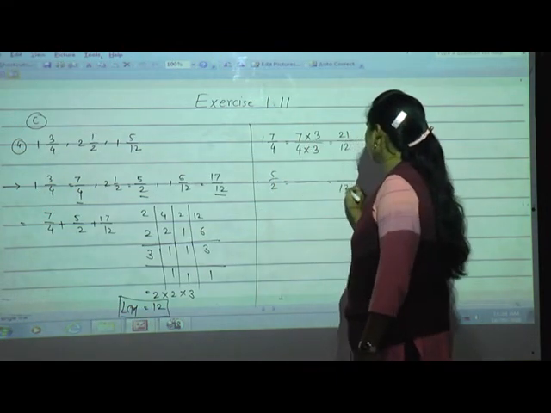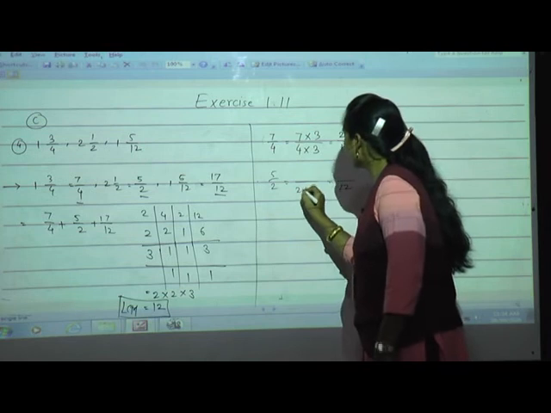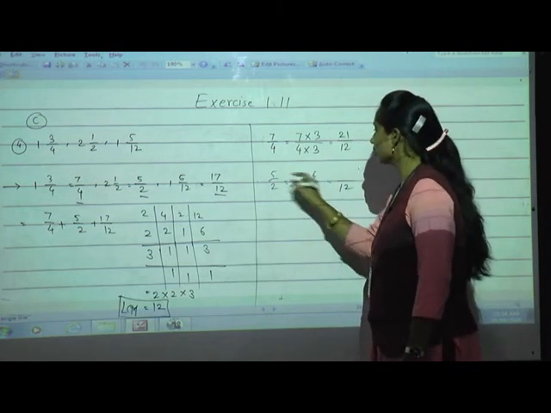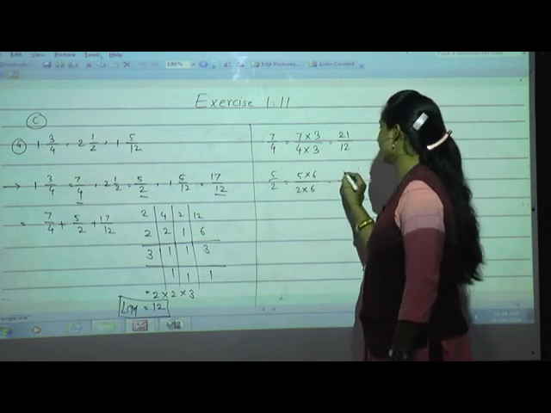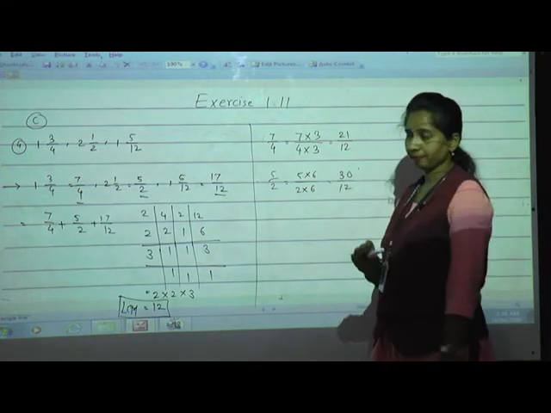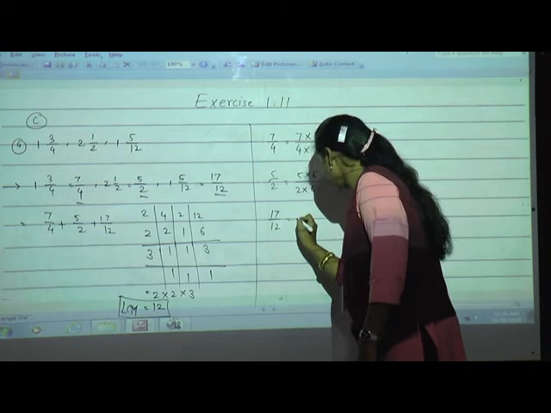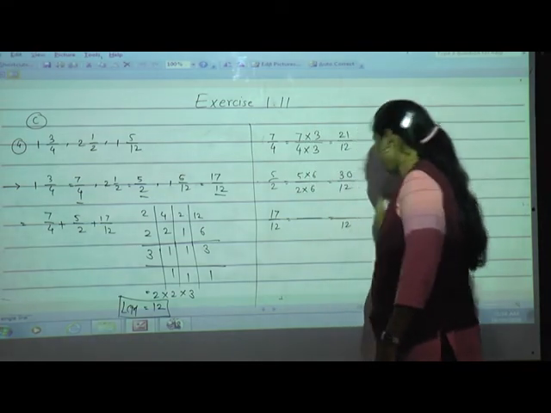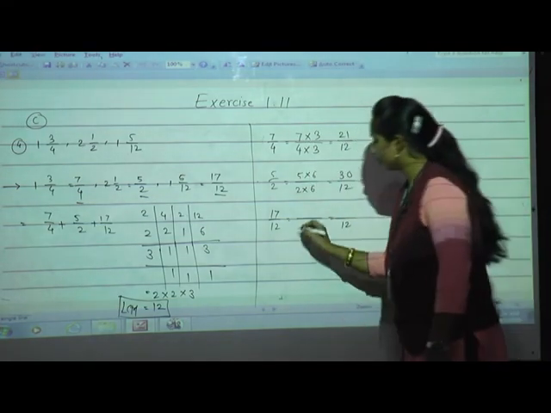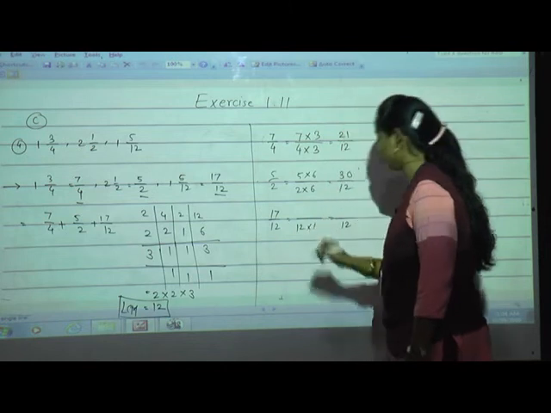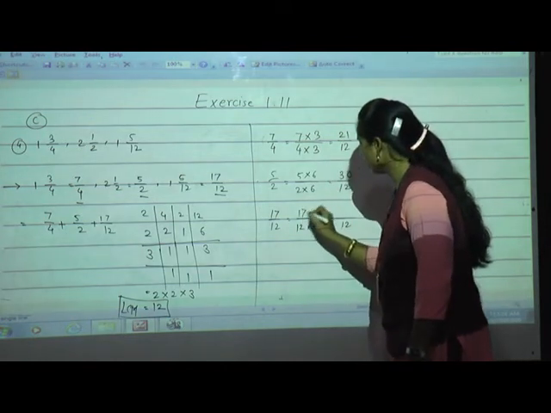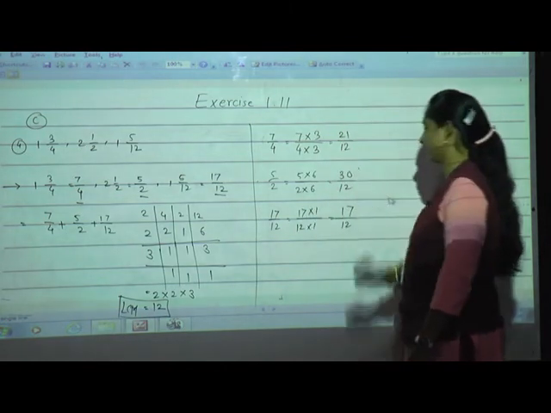What should come? 12. 2 6s are 12, so here also 6. Take 5: 5 6s are 30. The next number 17 upon 12. Denominator should come 12, so we multiply by 1: 12 ones are 12, 17 ones are 17.